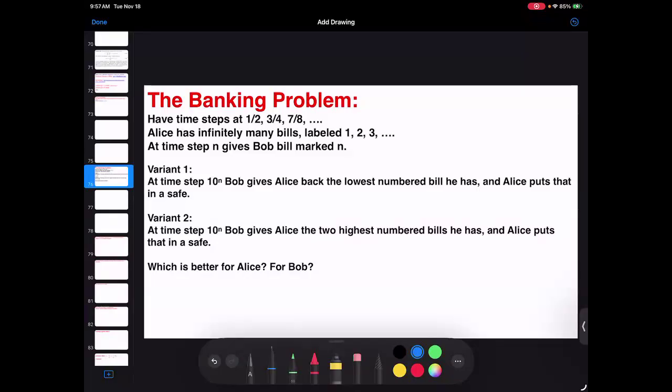Okay, we're going to see who has been paying attention all semester. Who wants to be Bob and do variant two? So you want to do that. You want to give back twice as much money.